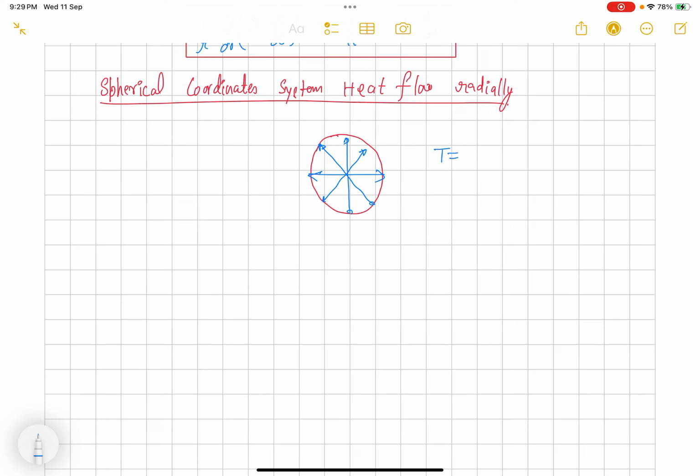It means T is a function of, again, r and t, and the area which will be faced by the heat flow when it is flowing radially out of this spherical shell will be a sphere of radius r. That will be the area that will be faced by the heat flow. Since heat is flowing in the radial direction, the area is dependent on r. Okay, so it depends on the direction in which heat flows.